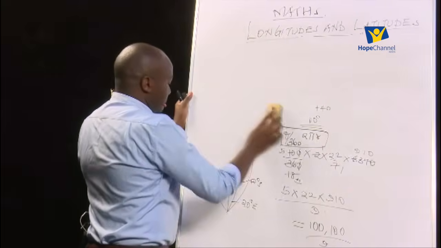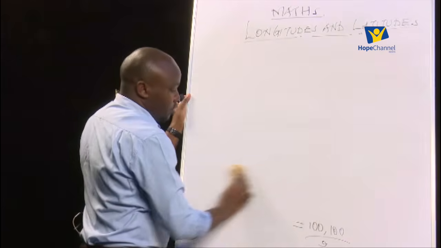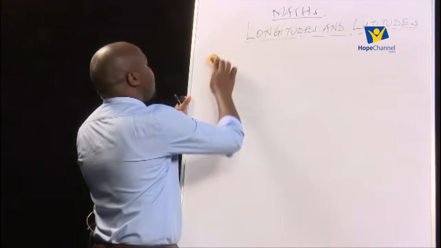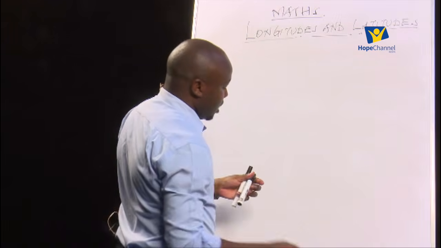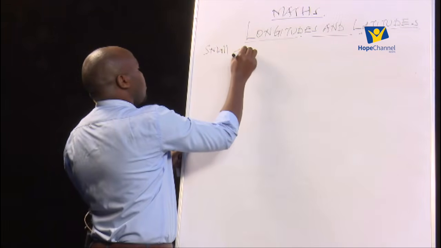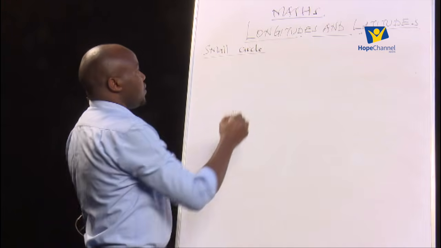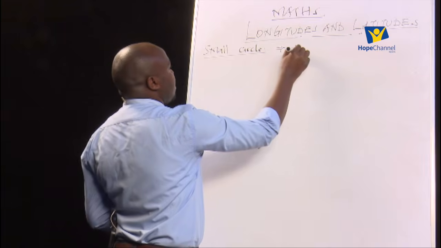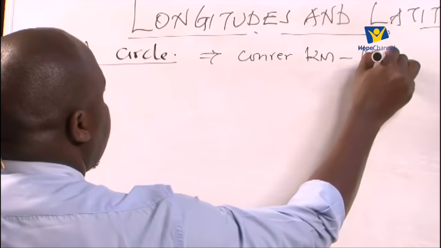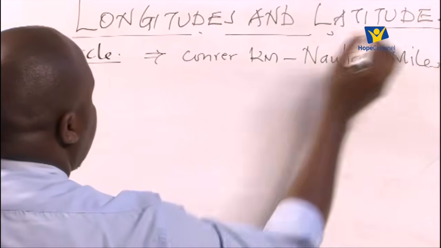Now, that is the great circle. I just want to tell you what we're going to discuss next. As you prepare yourself, we are now going to discuss the small circle. After which we are going to convert kilometers to nautical miles in our next segment.